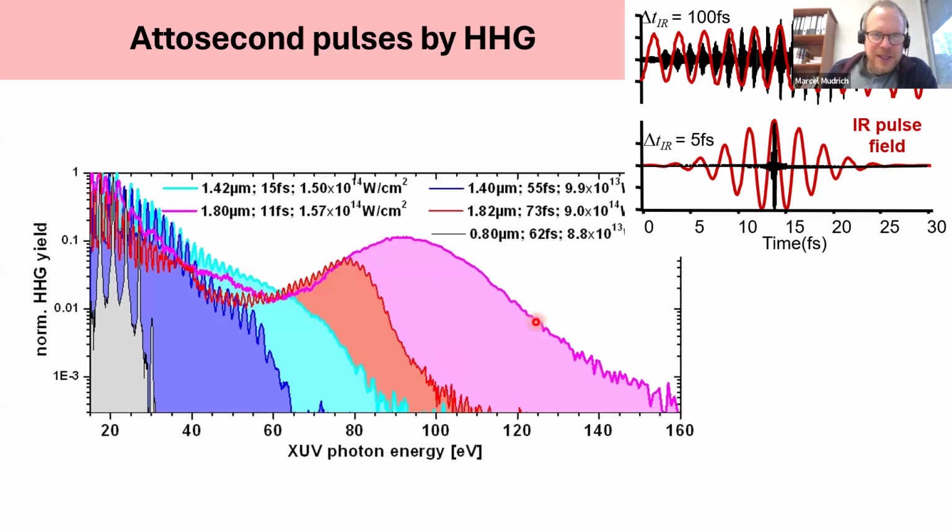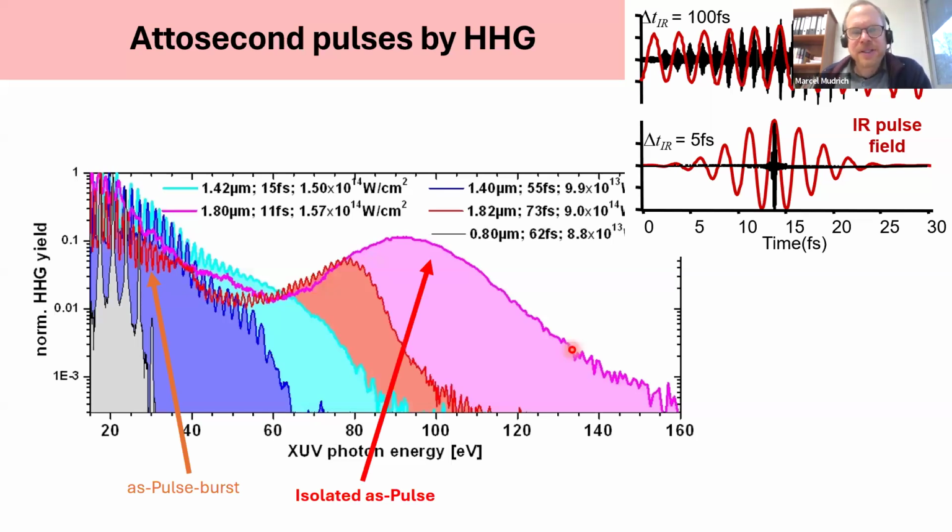That's what Jayesh and many other people would like to see in the lab: that your spectrum would develop into this very broad and continuous spectrum, which would indicate isolated attosecond pulse generation. This part is the attosecond burst, and this is the isolated attosecond pulse.